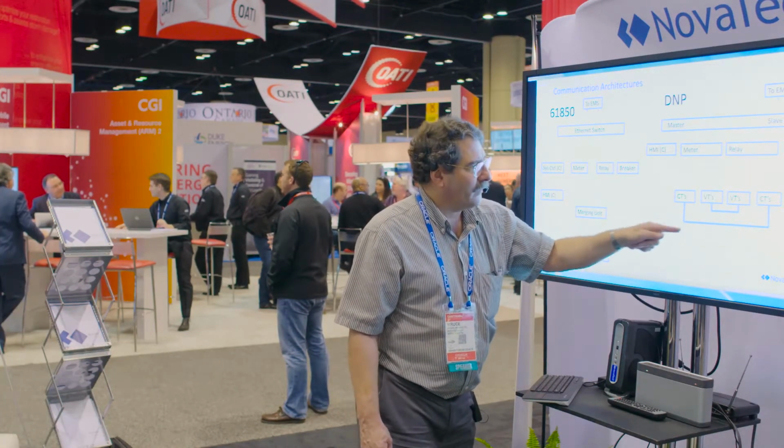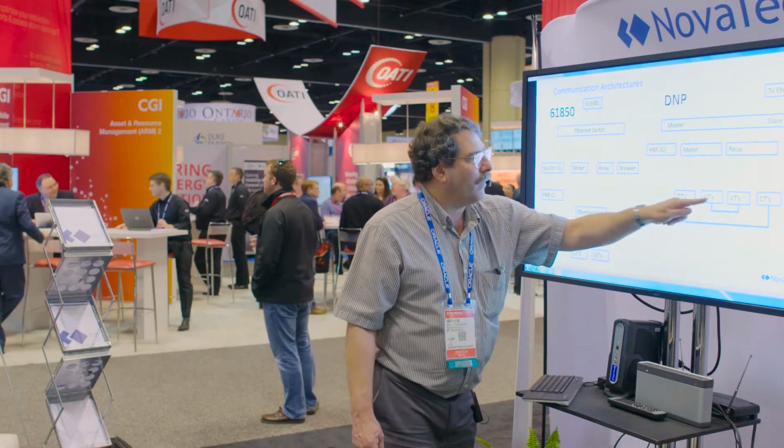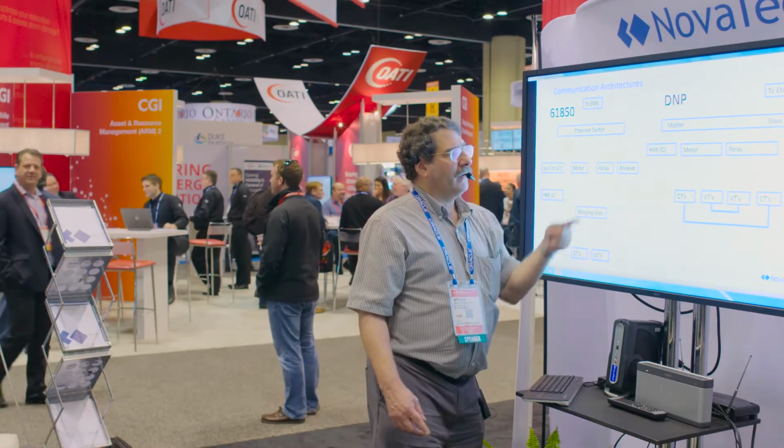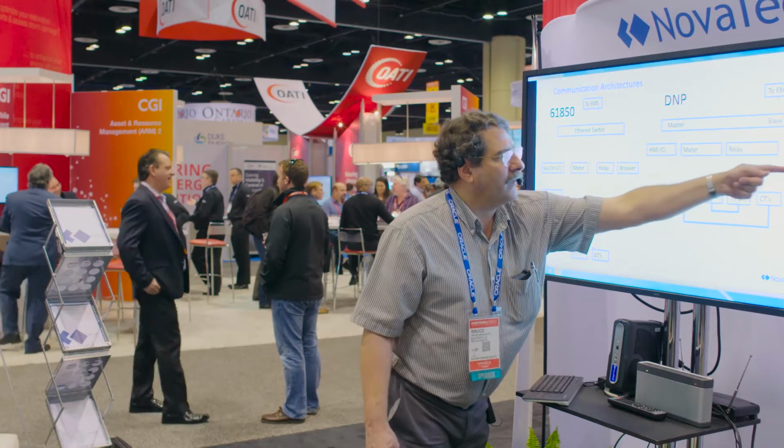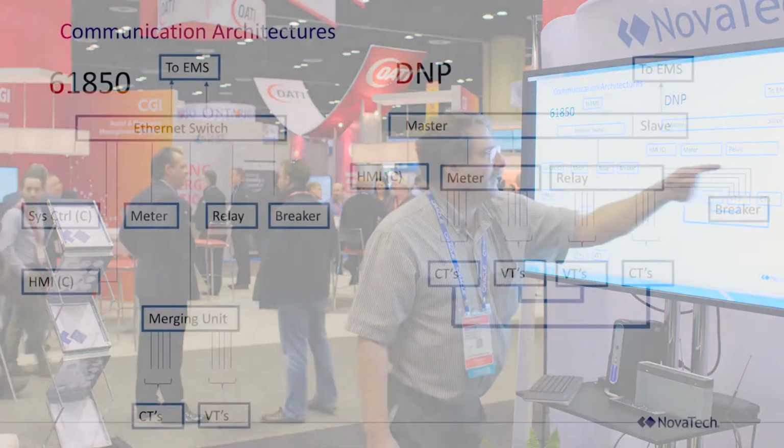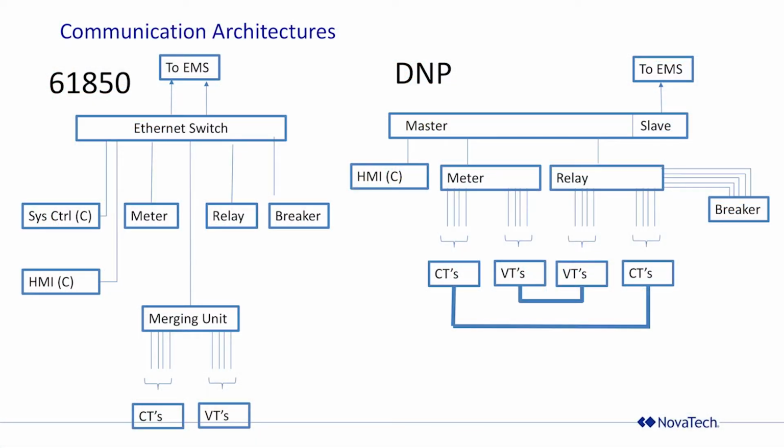You've got a serial wire for the CTs, a parallel wire for the VTs, and the relay independently talks to the breaker. Nothing else can talk to that breaker. For example, the meter can't have any access to that breaker. He's not connected to it. On the slave side, once it collects all that data and does its operations, it passes it over to allow you to send that back to your EMS system or your central controller.